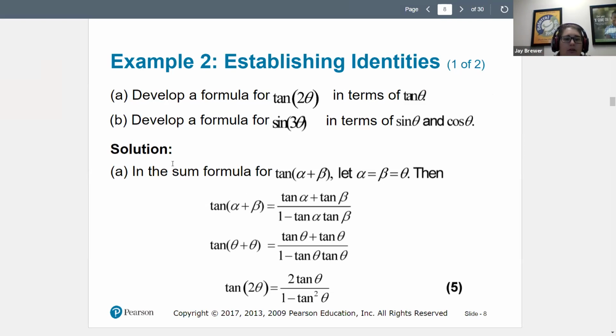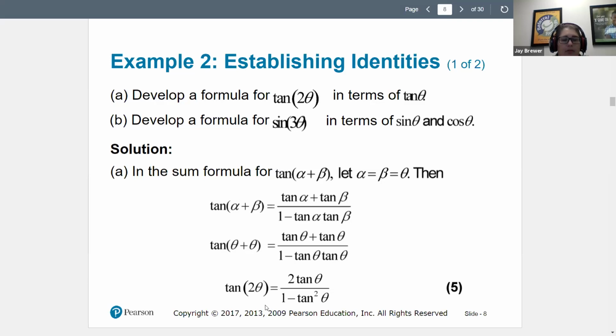Okay, so in the sum formula for tangent of alpha plus beta, we're going to let alpha equal beta equal theta. So when we do that, what do you notice happens on the left-hand side? What do we end up getting? We end up getting what we're looking for, right? Tangent of 2 theta.